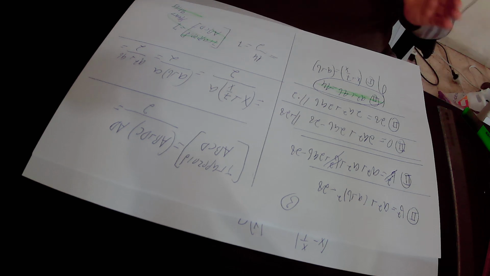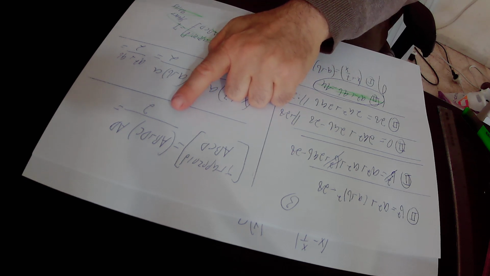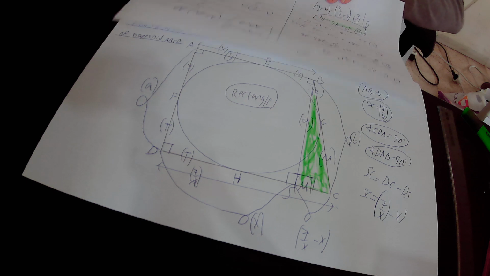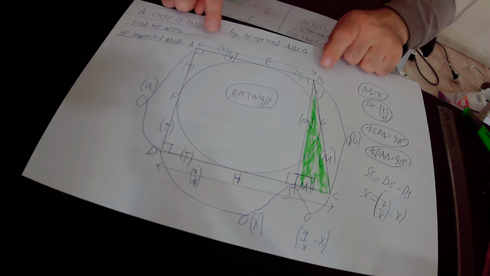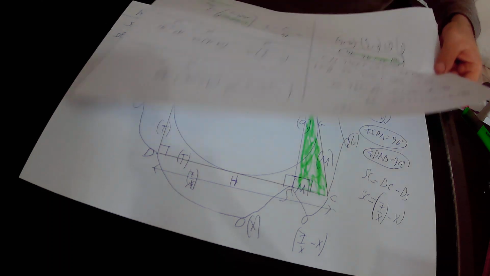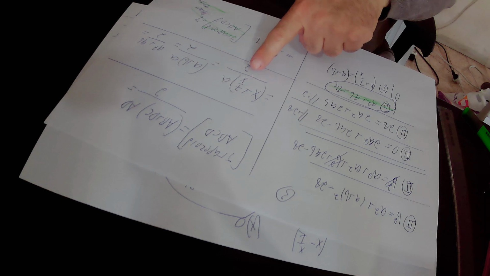So in conclusion, I actually found out that the area of trapezoid ABCD equals to the sum of its two bases, that are AB plus DC, times the height, that is AD, over 2. According to what is given, AB equals to x and DC equals to 7 over x.